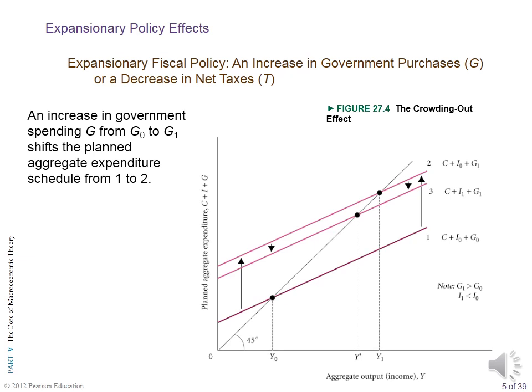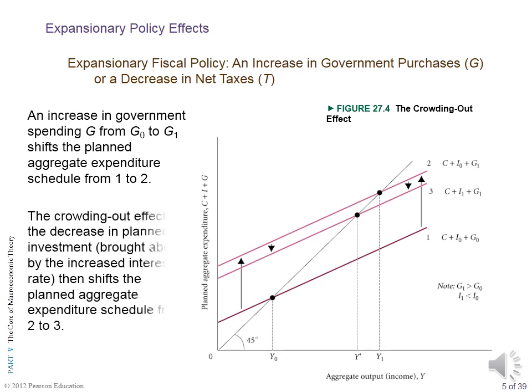So an increase in government spending G from G0 to G1 shifts the planned aggregate expenditure schedule from 1 to 2. The crowding out effect of the decrease in planned investment then shifts the planned aggregate expenditure schedule from 2 to 3.